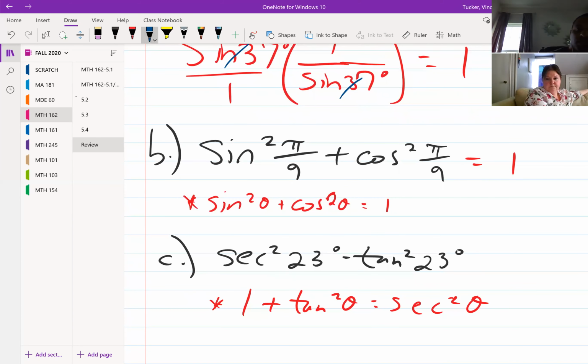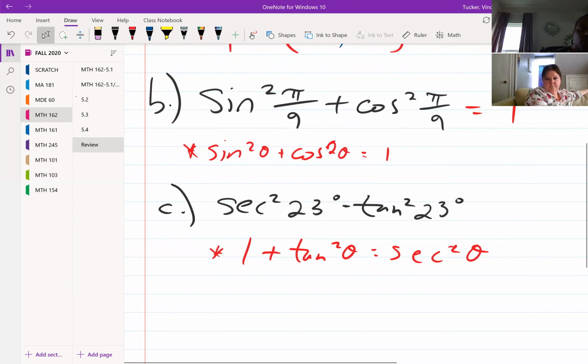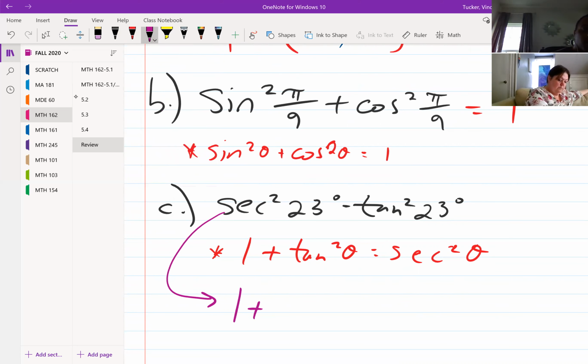So secant squared is equal to 1 plus tan squared. So I will plug in 1 plus tan squared, and it is a 23.